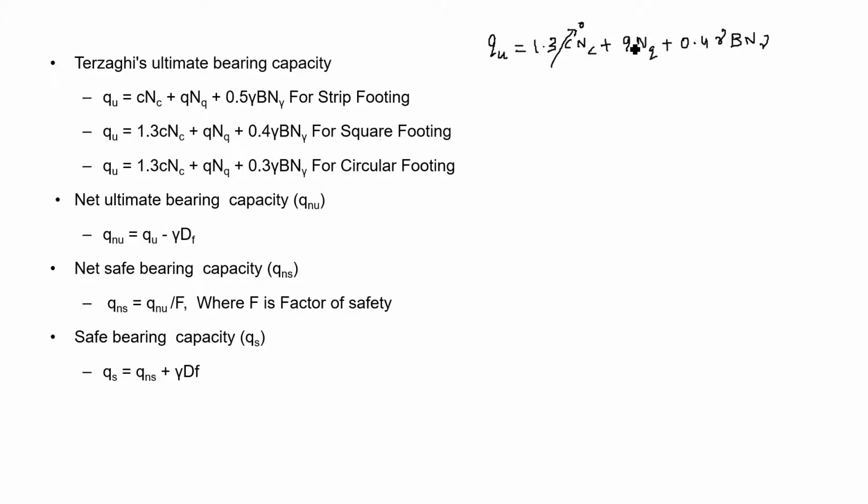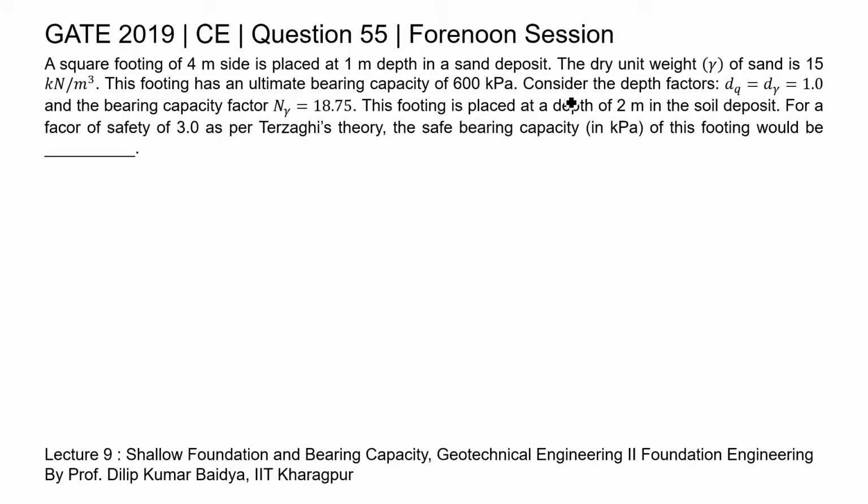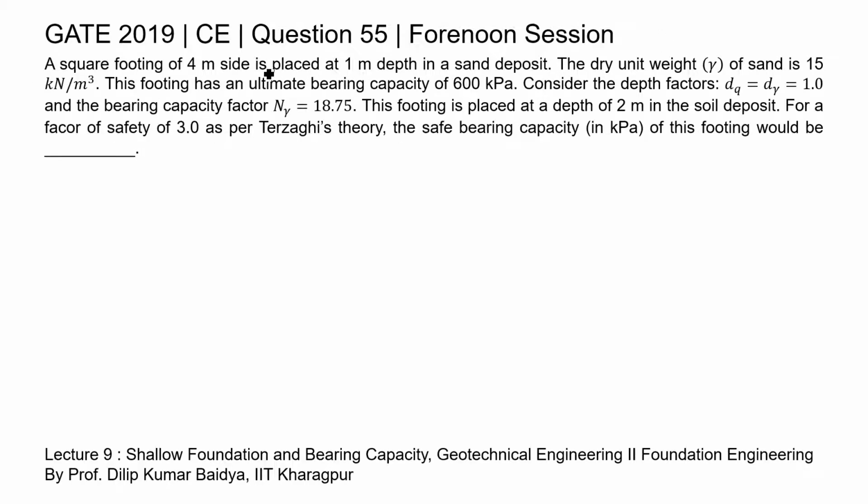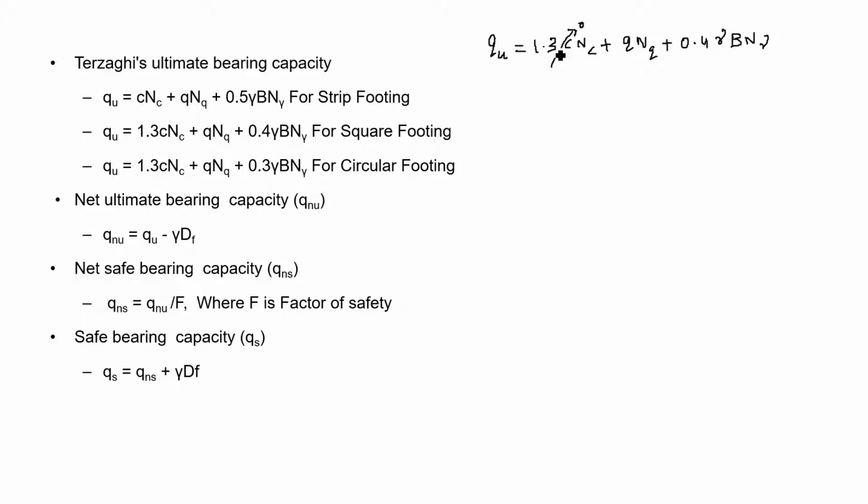So unit weight and depth of foundation are known, but this Nq is not known for the second condition. So we can find this Nq with the help of the data given in the first paragraph, in the first case. So apply all this data in this equation.